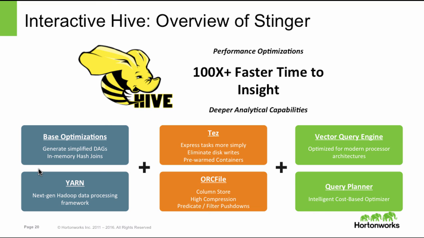But probably some of the key improvements that the Stinger initiative gave us are in that second tier and the third tier here. Definitely, we created an execution engine, primarily and initially for the benefit of Hive. Other frameworks like Pig, and beyond, can take advantage of Tez. But Tez is ultimately, I'm going to show you in just a moment an example of comparing and contrasting Tez with MapReduce.